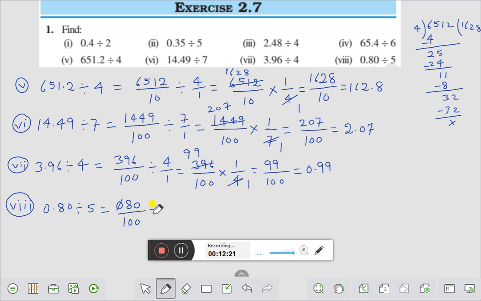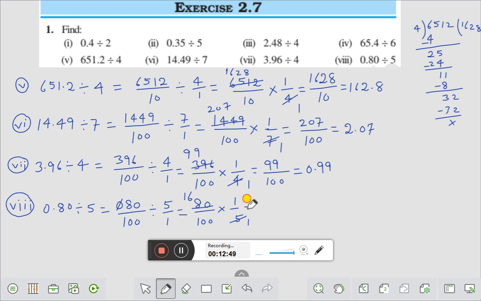Multiply the reciprocal of 5 by 1, that is 1 by 5. Now if we cut by 5, 5 1 is 5, 5 6 is 30.